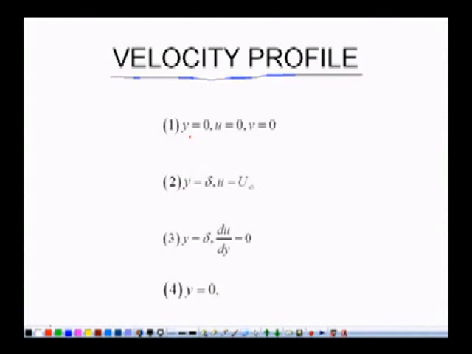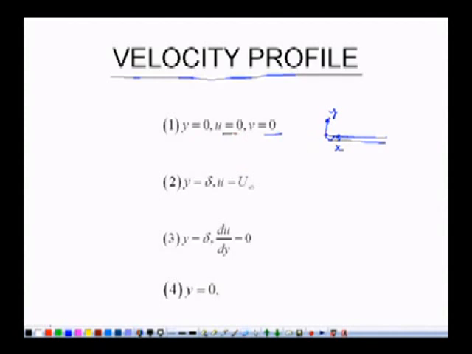We know that at the surface, at the flat plate, this is the x coordinate, this is the y coordinate. When y is equal to 0, u is equal to 0, v is equal to 0.